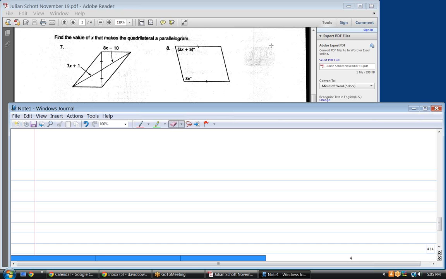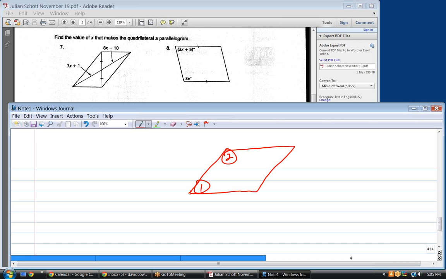So if we have a parallelogram, let's make some various parallelograms. What do you suppose is true about angle 1 and angle 2? They're congruent. Do they look congruent? One is acute, one is obtuse.